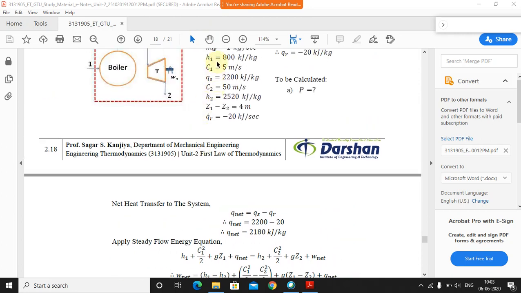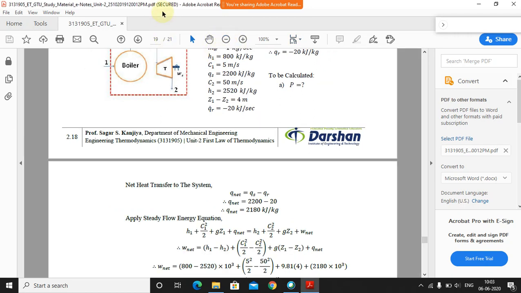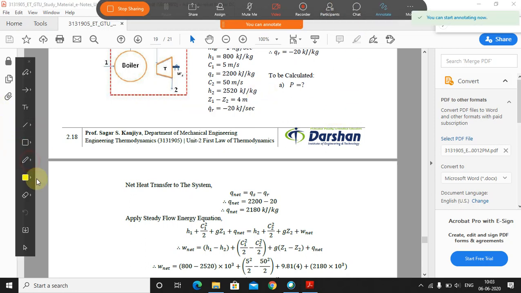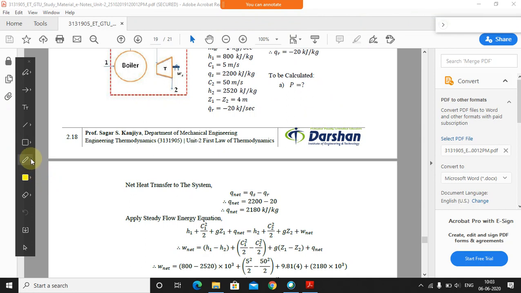Basically H1 is given as 800 over there. I'll use the annotation so that you can put it as 800 over here.